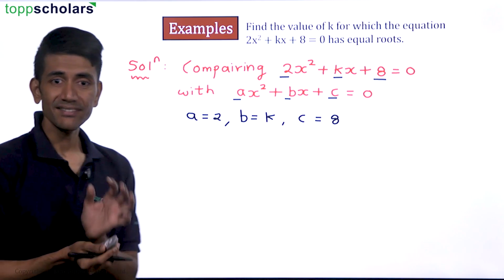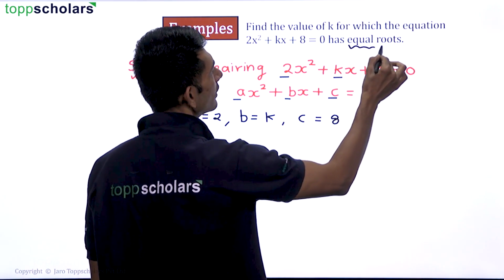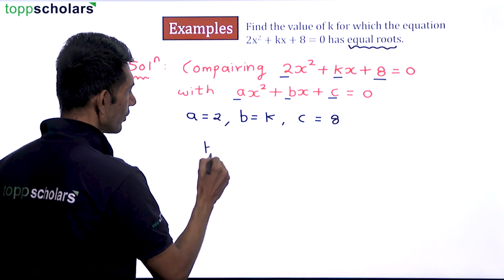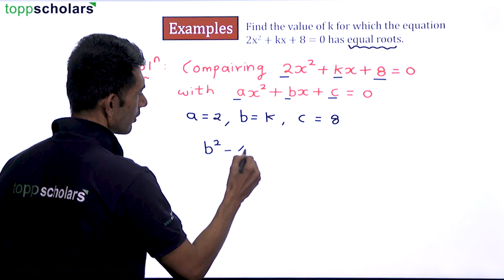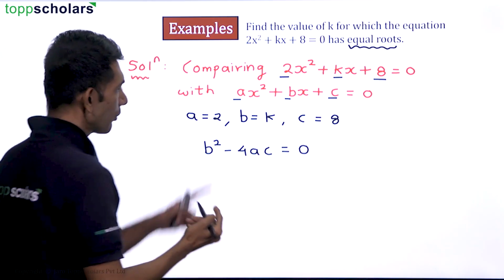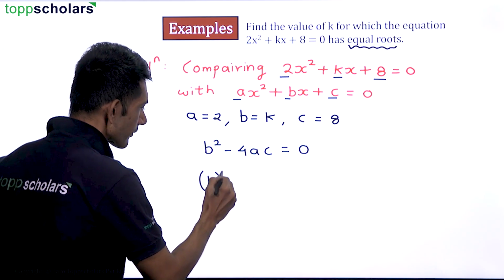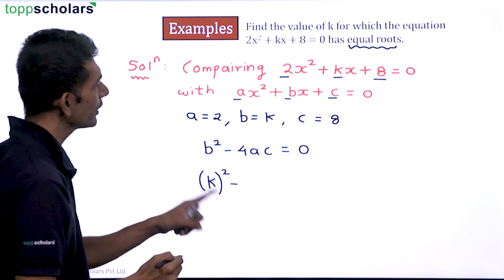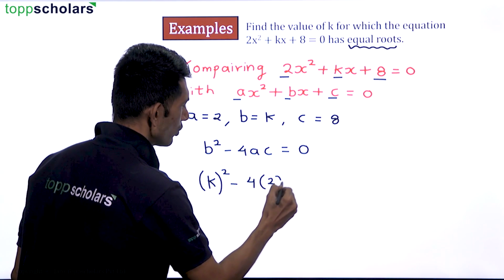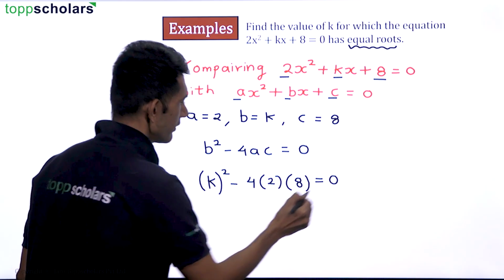Now clearly it is given that the roots are equal. If roots are equal, can we say b² - 4ac is equal to 0? So b², that is k², minus 4 into a into c, 4 into 2 into 8, is equal to 0.